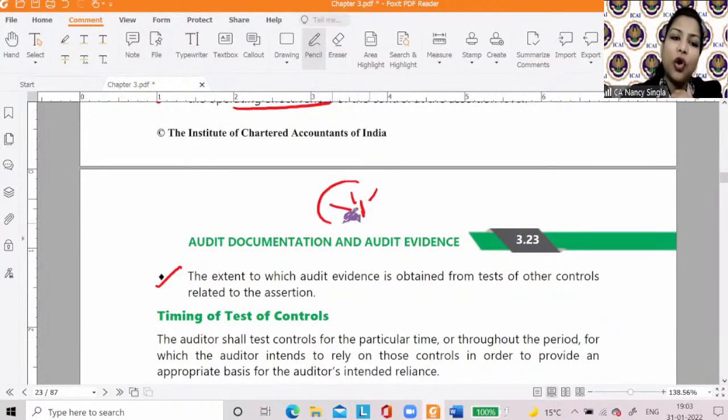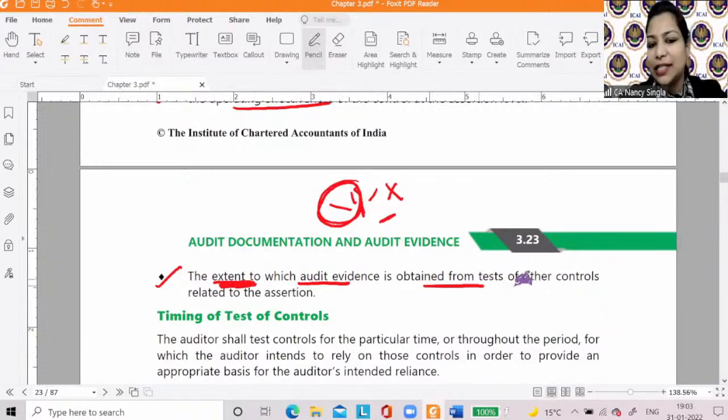If you have already checked 2 controls, you may not check the third one, or you may check it less. So the extent to which audit evidence is obtained from test of other controls relating to the assertion. On a single assertion, if there are 2-3 controls and you have already checked 2, the extent of checking of the third control will depend upon your checking of the other controls.